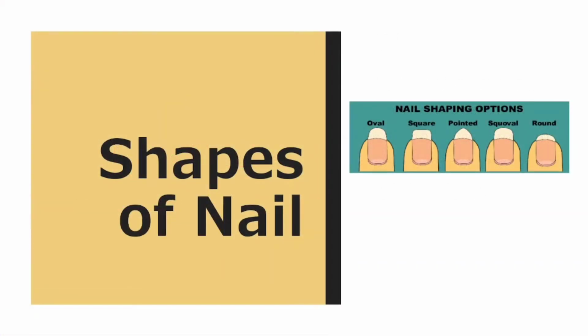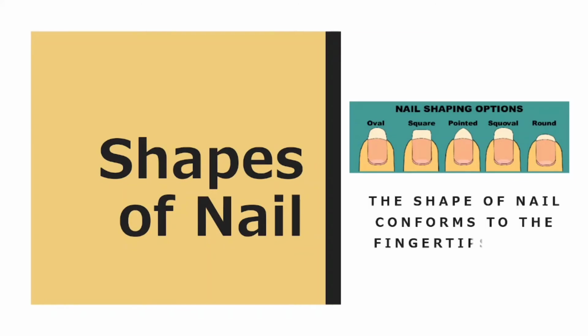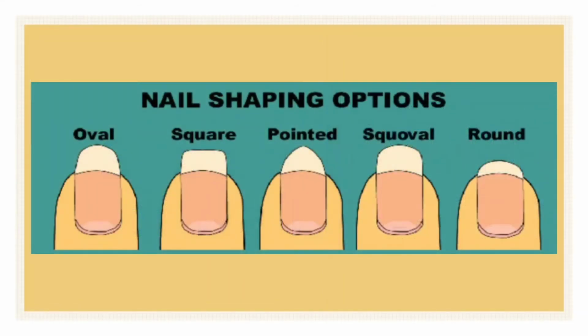Now, let us discuss the different shapes of nail. The nail shapes conform to the shapes of the fingertips of an individual. These are the different shapes of nail: the oval, square, pointed, squoval, and round.